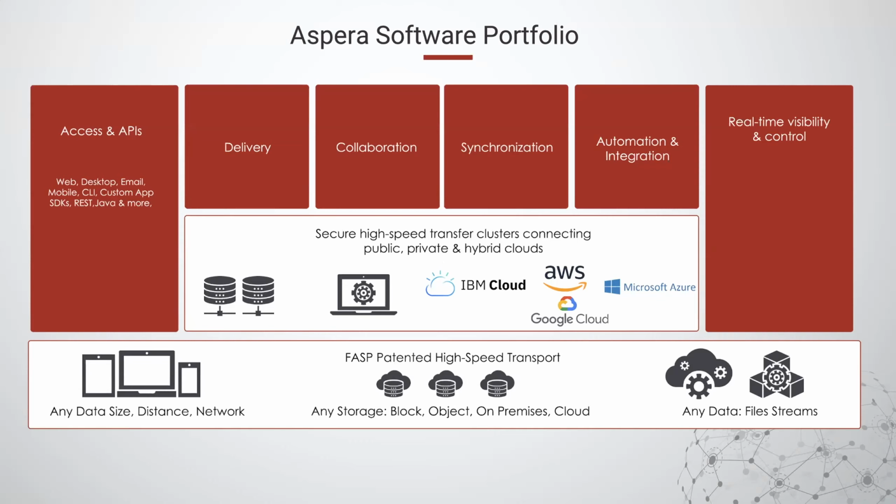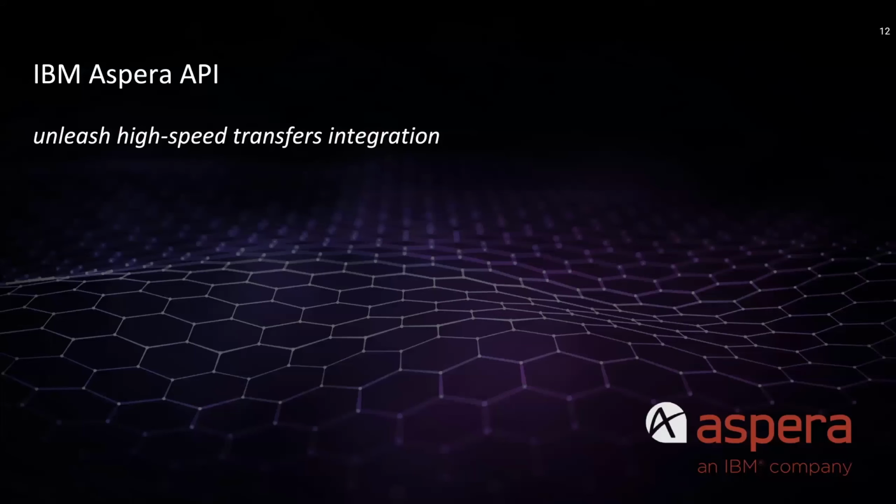Keep the UI experience, the look and feel, keep your authentication and authorization in your application where it belongs, and just use the Aspera APIs and these two pieces to enable high-speed transfers between them.